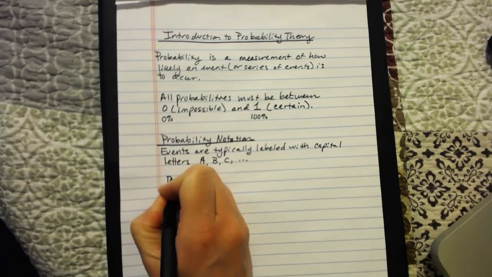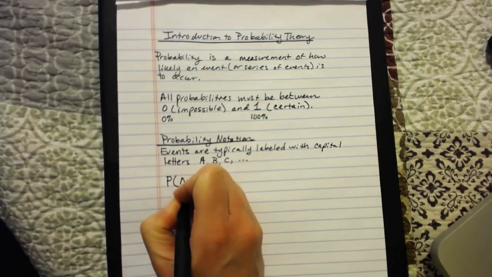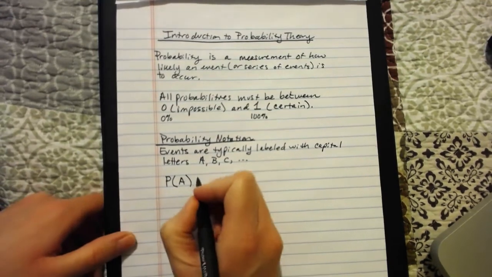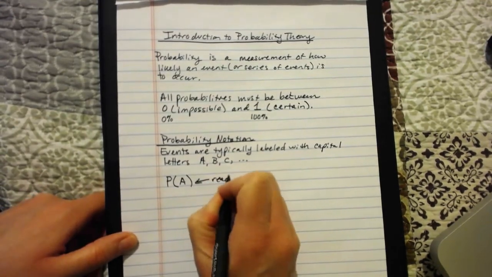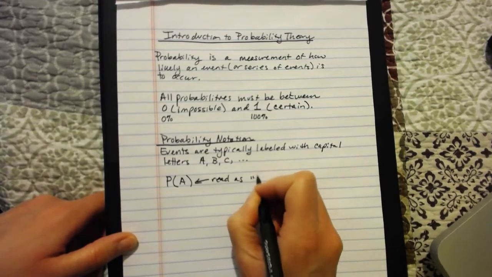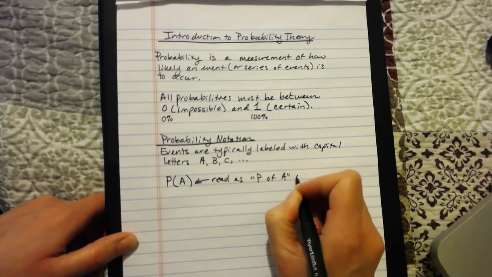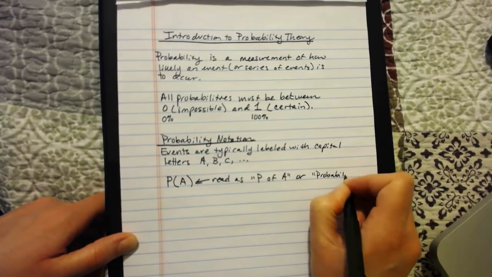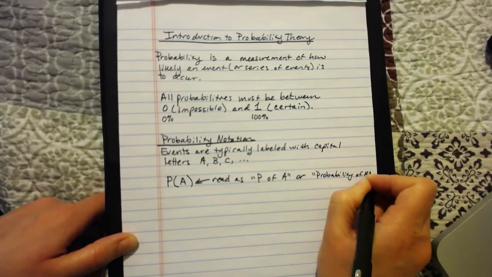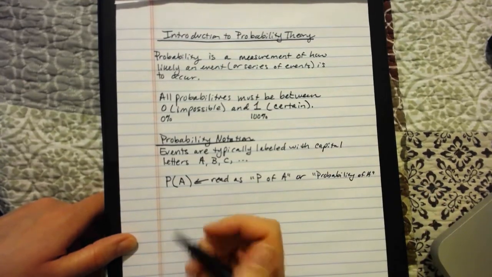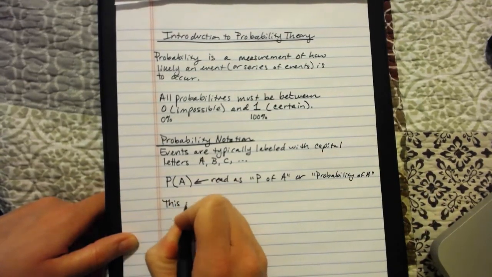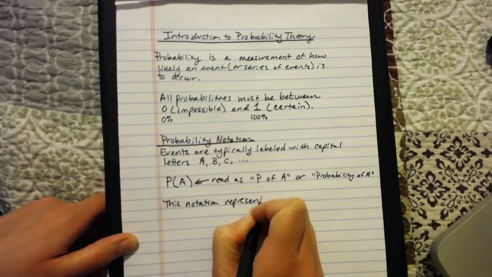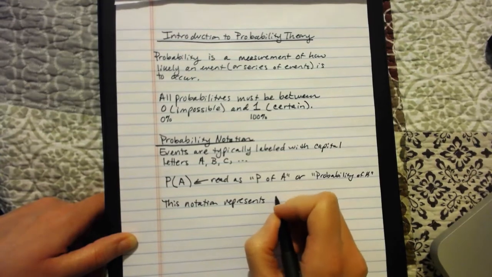Now, if you see the capital letter P and then in parentheses some other capital letter, you would read this as P of A, or probability of A. And what that notation actually represents is the probability that event A occurs.